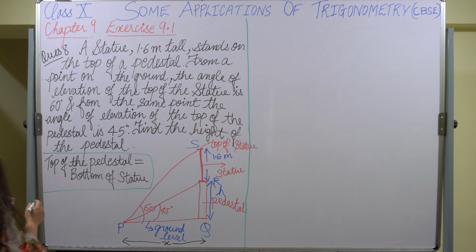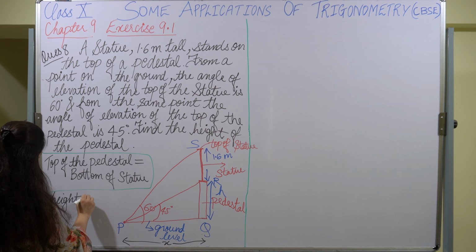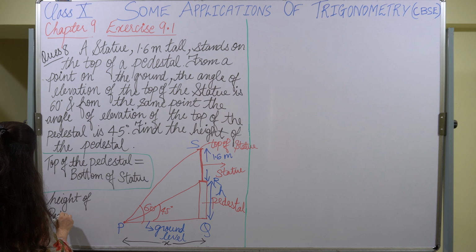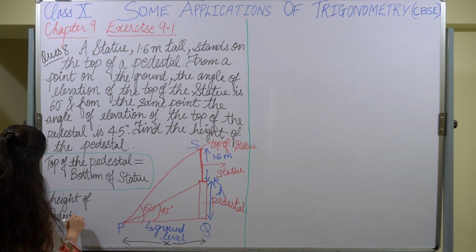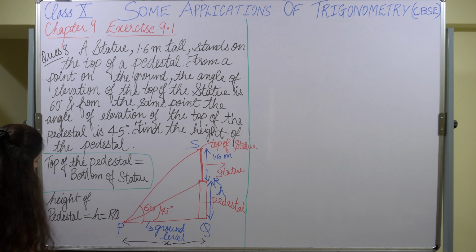So let us write down the height of the pedestal. Height of pedestal is equal to h, which is equal to RQ.